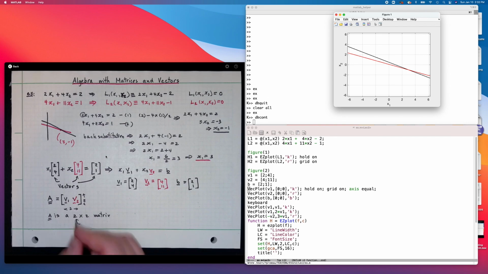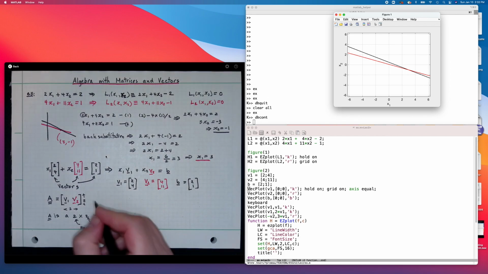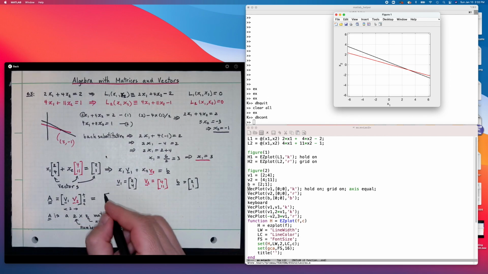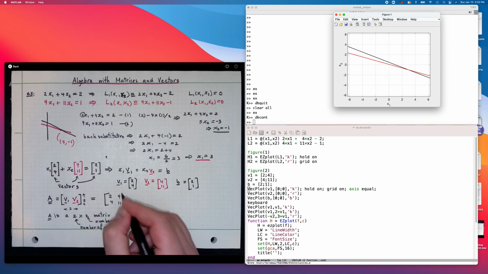The first number is the number of rows, and the second one is the number of columns. So if we put those together, A becomes 2, 4, 4, 11.